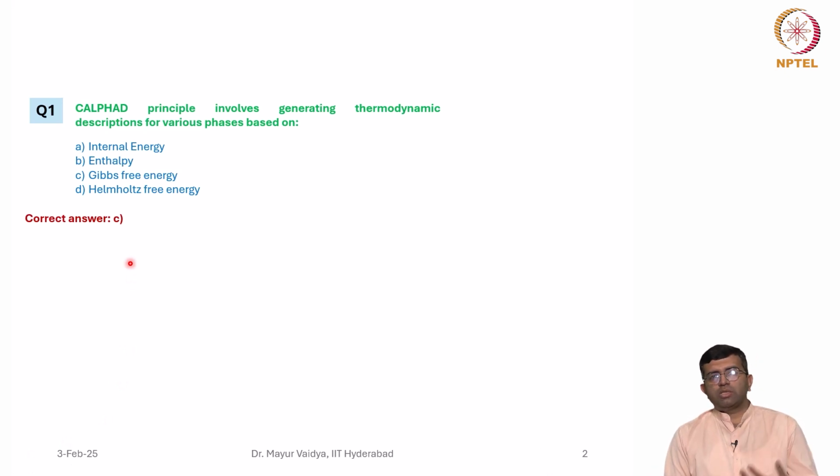This is not very difficult to understand because the equilibrium itself demands that the Gibbs free energy of the most stable phase should be the lowest, and these are the thermodynamic principles which are basically utilized by the CALPHAD approach to do the phase predictions and other calculations.